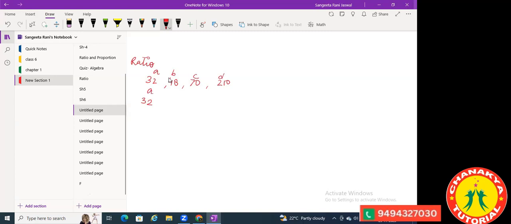I want A is to B. Ratio is always written in this form. Okay, A is to B. Now my A is 32, my B is 48. I have taken like this, no? Understood this much?